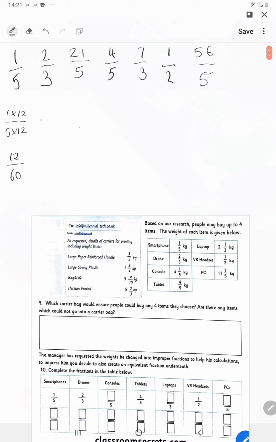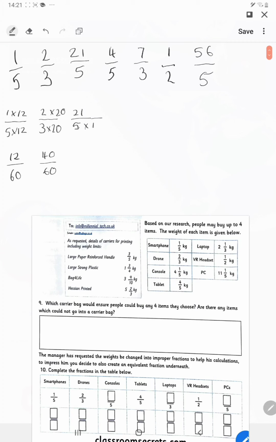Our next fraction is 2/3. Well, to get 3 to 60, we multiplied it 20 times. Whatever we do to the bottom, we do to the top. So we get 40/60. Now we have 21 over 5, 21/5.